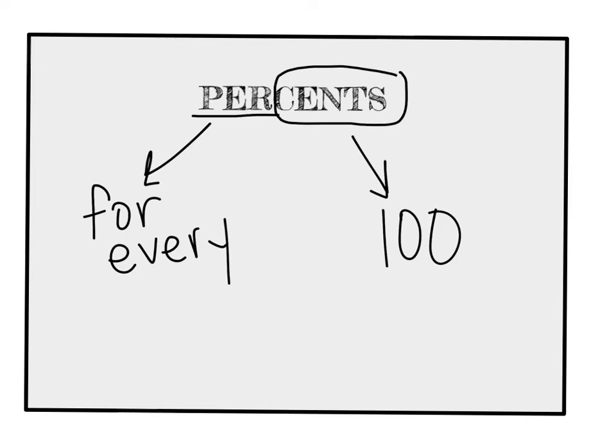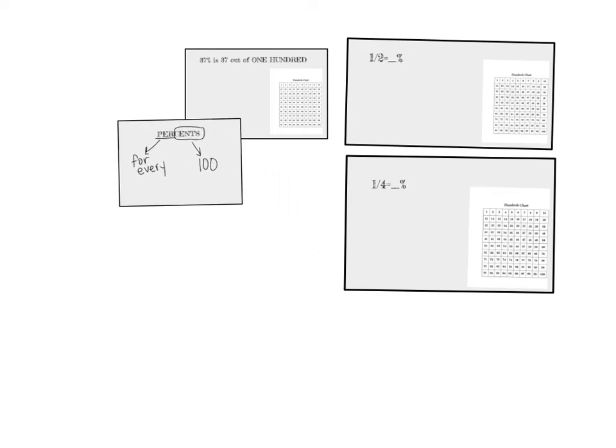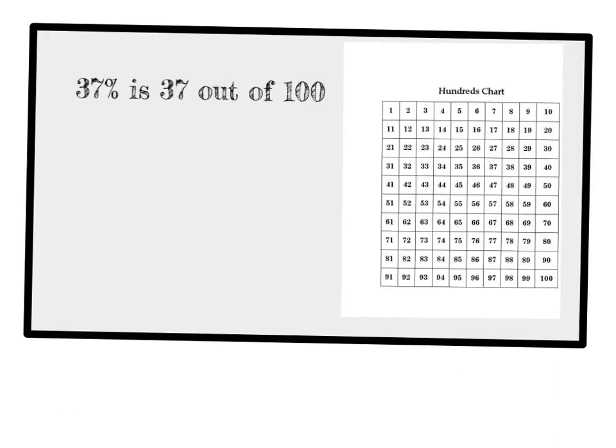Now let's see what this looks like in terms of a visual model. So let's put this off to the side here for a moment. Okay, we have the statement here, 37% is 37 out of 100. Let's talk about representing this visually. One way we can represent it visually is to show what is 37 out of 100.